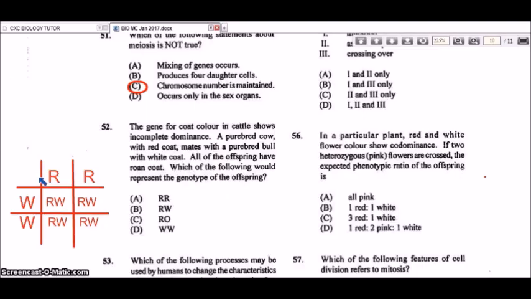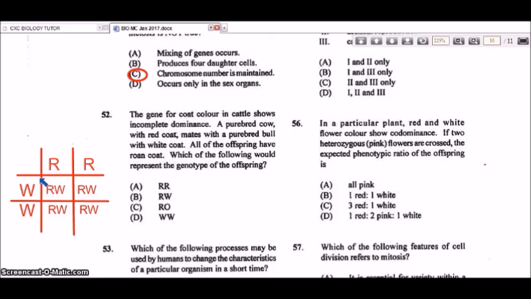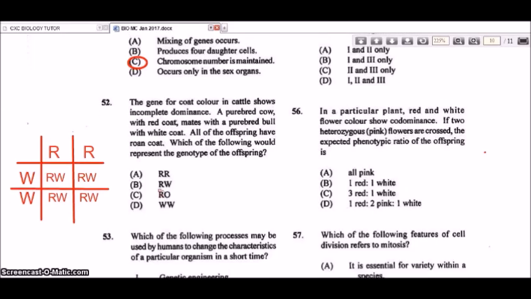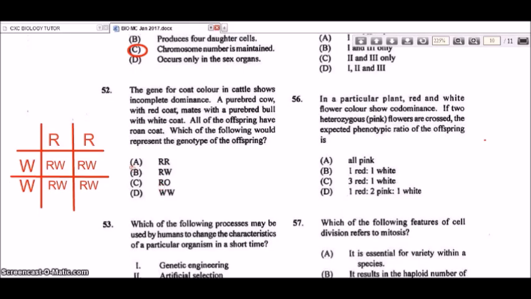So I have the Punnett square here to represent this genetic cross. So R represents the red coat, W represents the white coat. So when you mate those two animals, you get all of them having the roan coat, which is RW. So the correct answer is B.